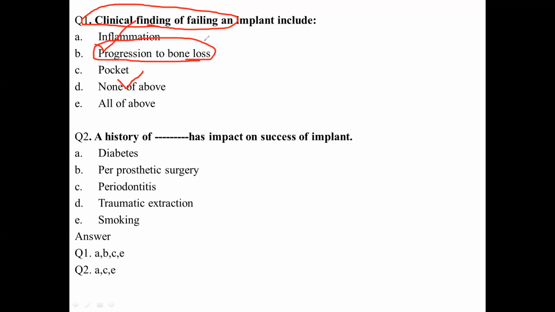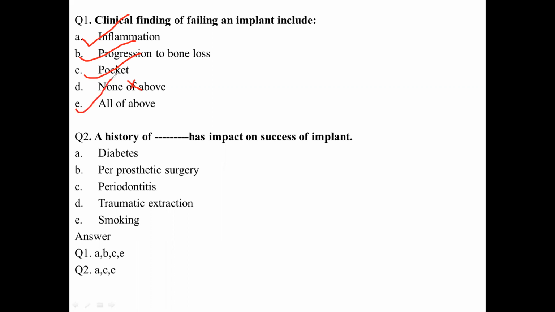All these factors, when present, will they help you in telling whether the implant is failing or not? So the answer is yes: presence of inflammation, progression to bone loss, the formation of the pocket, not none of the above. All of the above are the factors which cause failure of an implant.